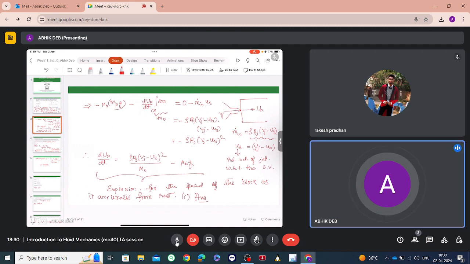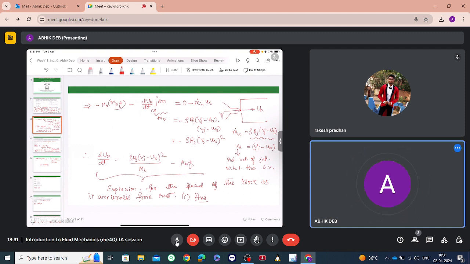Okay, so we will move to the next problem now, which is related to the Navier-Stokes equation and some of its applications.